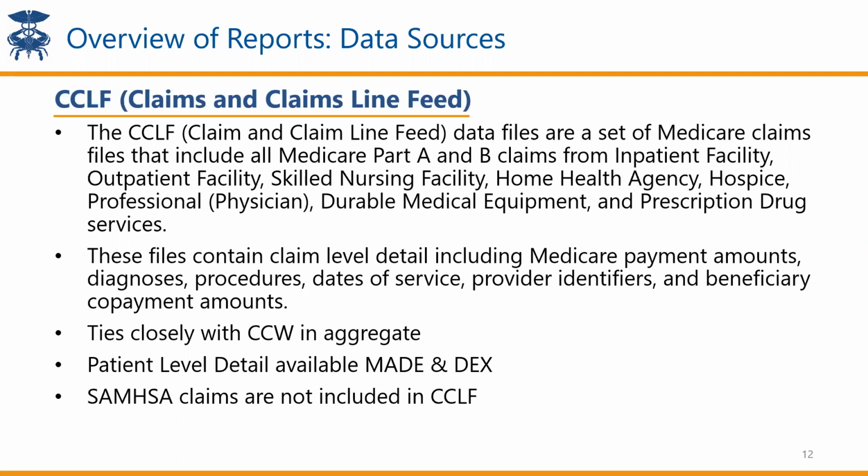This data contains files that are a set of Medicare claims that include Medicare Part A and B claims from inpatient, outpatient, SNF, home health agency, hospital, professional, durable medical equipment, and prescription drug services. These files contain claim level detail, including Medicare payment amounts, diagnoses, procedures, dates of service, provider identifiers, and beneficiary copay amounts.